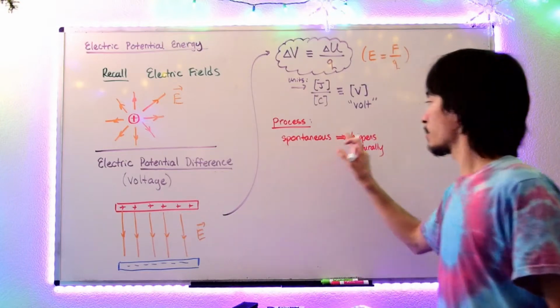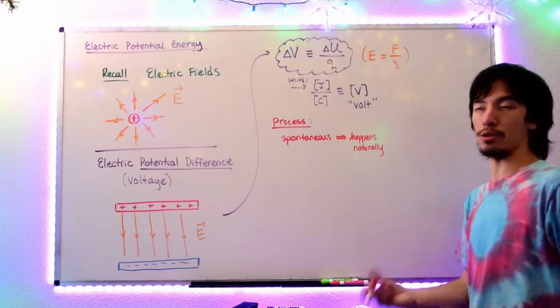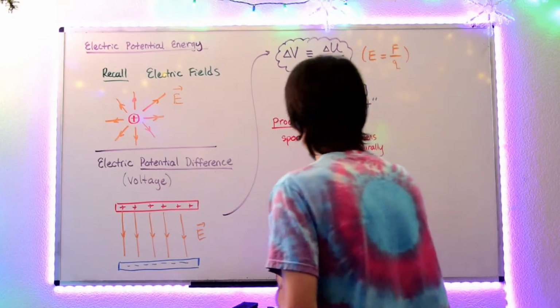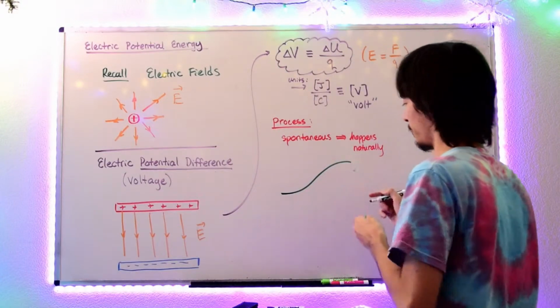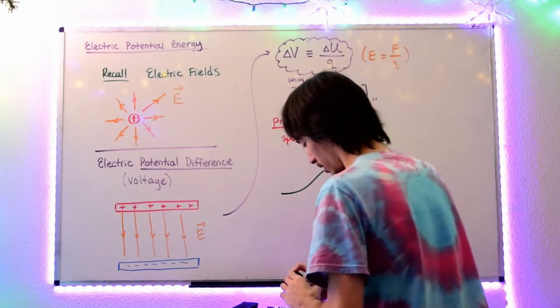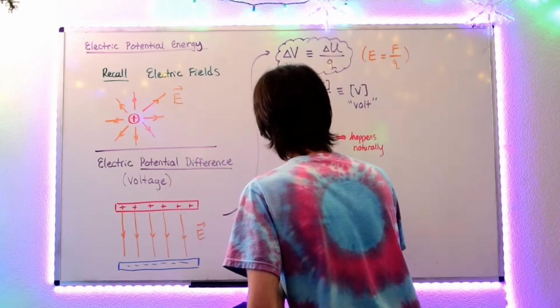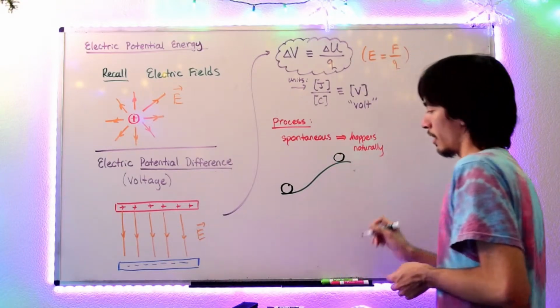Okay, so then non-spontaneous would mean the opposite, so you would have to put work into it to make it do something. So the idea would be that if you were to have this hill, and you have an object that is in either one of two positions, let's say at the bottom of the hill and then also at the top of the hill.